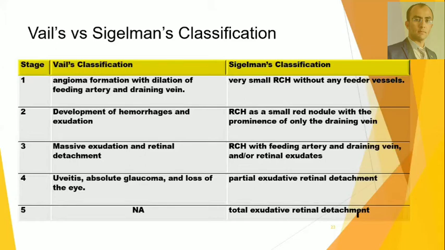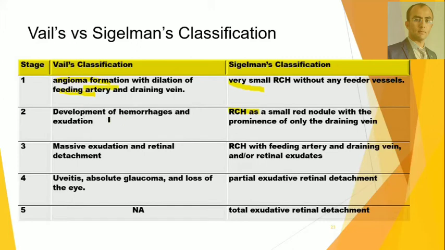But interestingly, stages 1 and 2 of Singelmann's classification correspond to stage 1 of the Wells classification. They both correspond to the formation of a lesion, an angioma, the tumor.